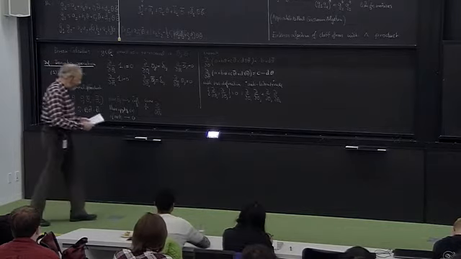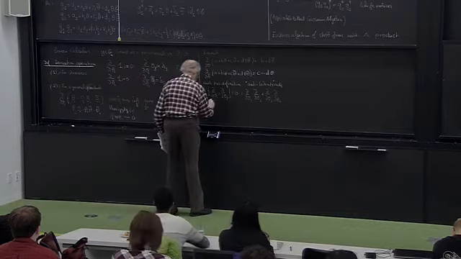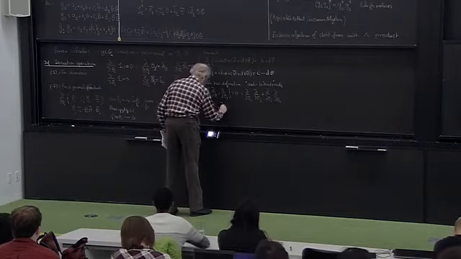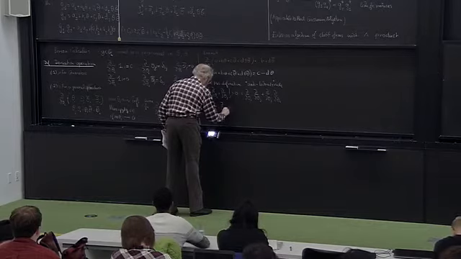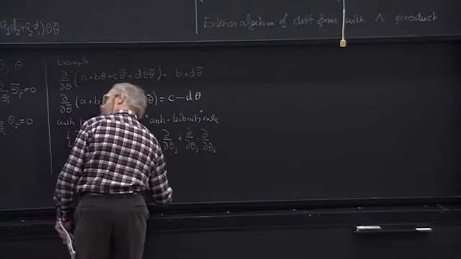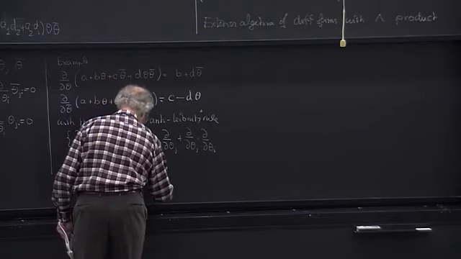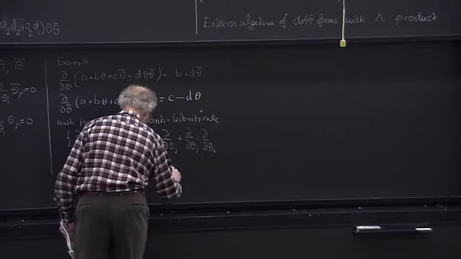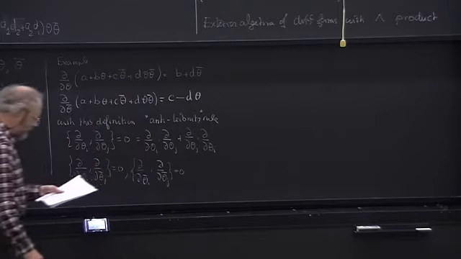Okay? And the same for d theta. So you also have that the anti-commutator of d over d theta I and d over d theta g is equal to 0, and d over d theta bar I with d over d theta bar g, anti-commutator, is equal to 0. Okay?